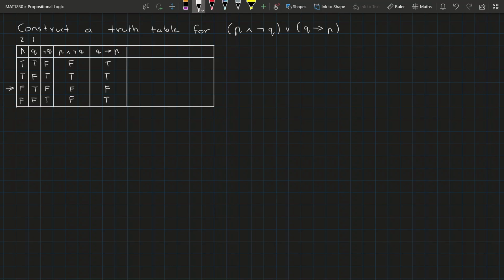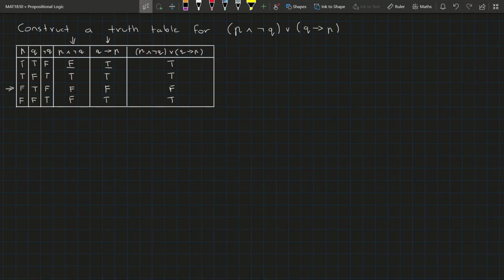Now we do the full statement. So we're looking at these two here. False or true, false or true is true. True or true is true. False or false is false. False or true is true.